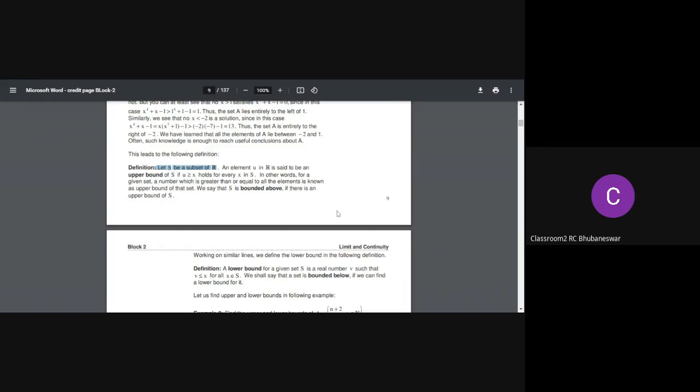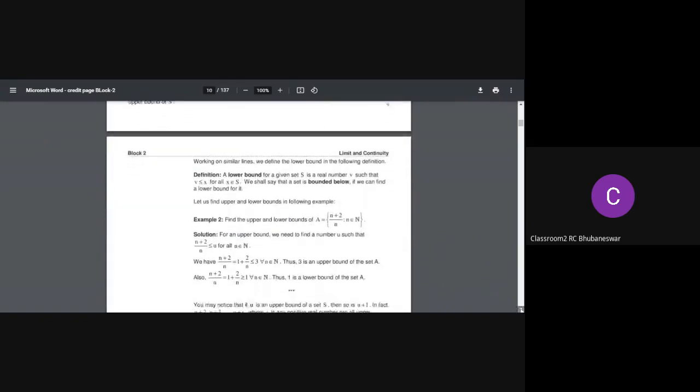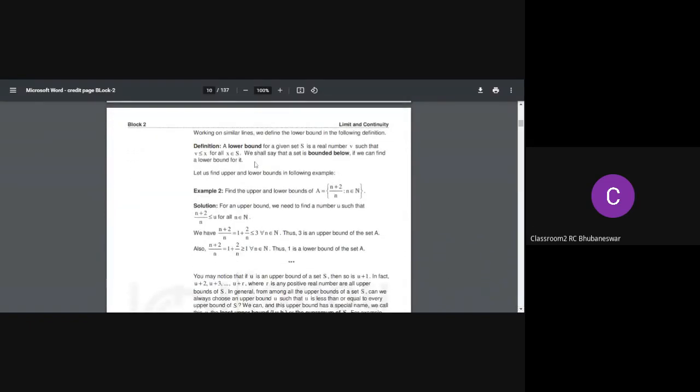Similarly, the same idea can be extended to define the lower bound of a set, as you can see in this definition.